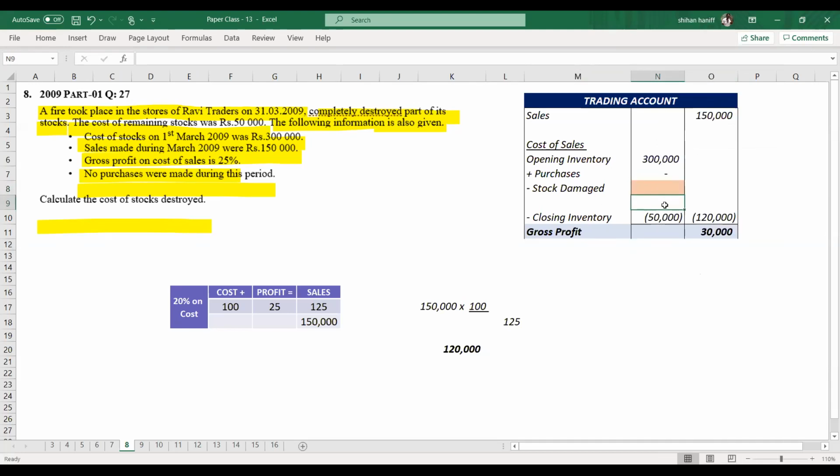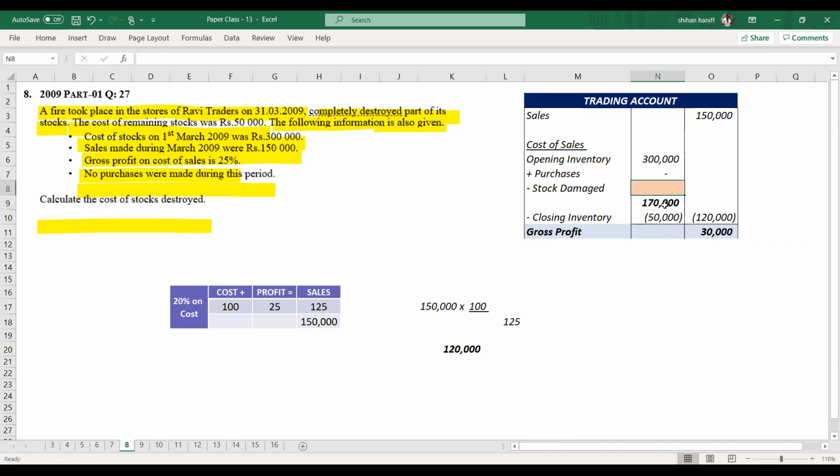So this amount is 170,000. Because 170 minus 50 is 120. So that's the net. So stock damaged is how much?